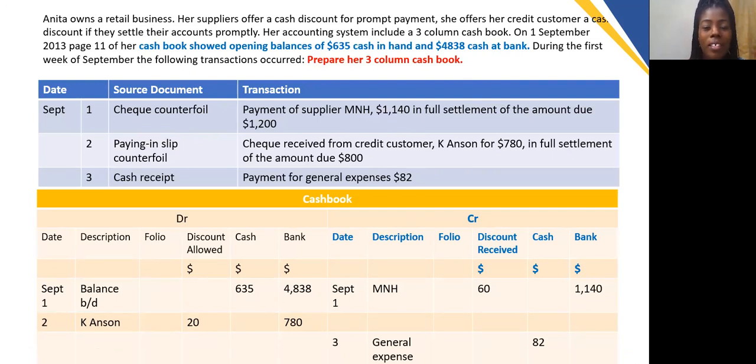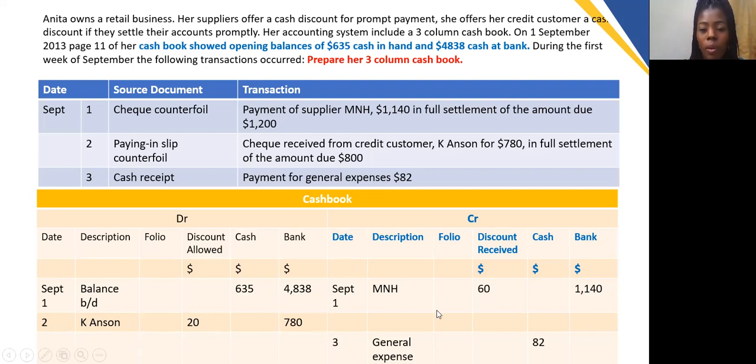Our opening balances are super important. It's really important for you to deal with that opening balance. Sometimes our bank account can have an overdraft agreement. So there are cases where the opening balance will not be on the debit side, and it's going to be on the credit side. They will tell you either that you had an overdraft agreement, or that the bank account had a credit opening balance.